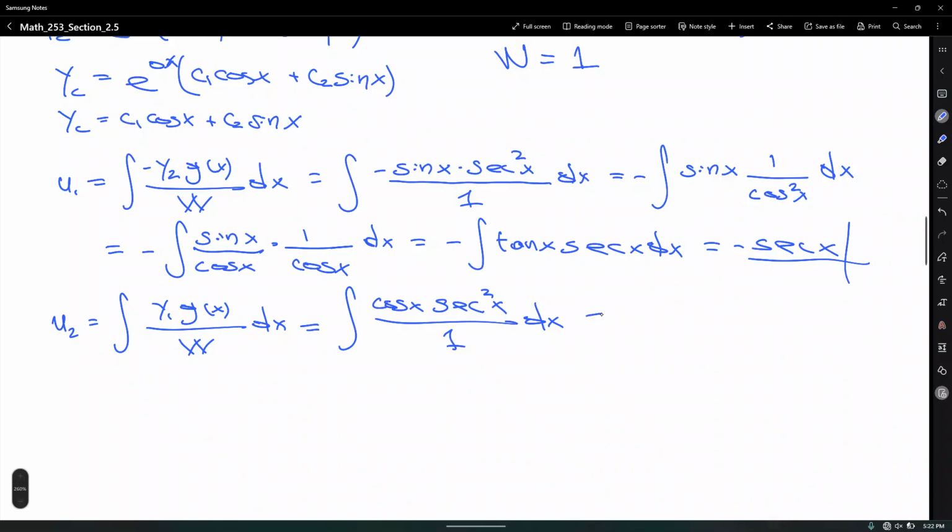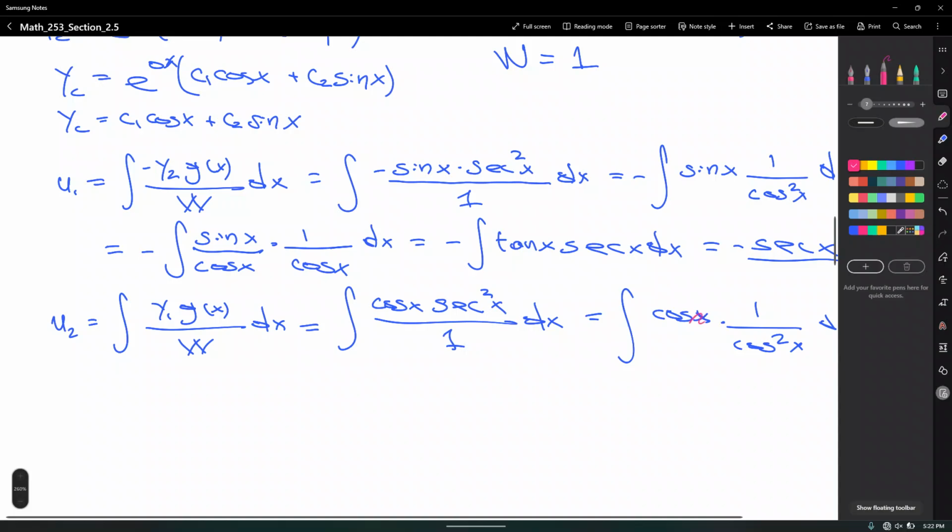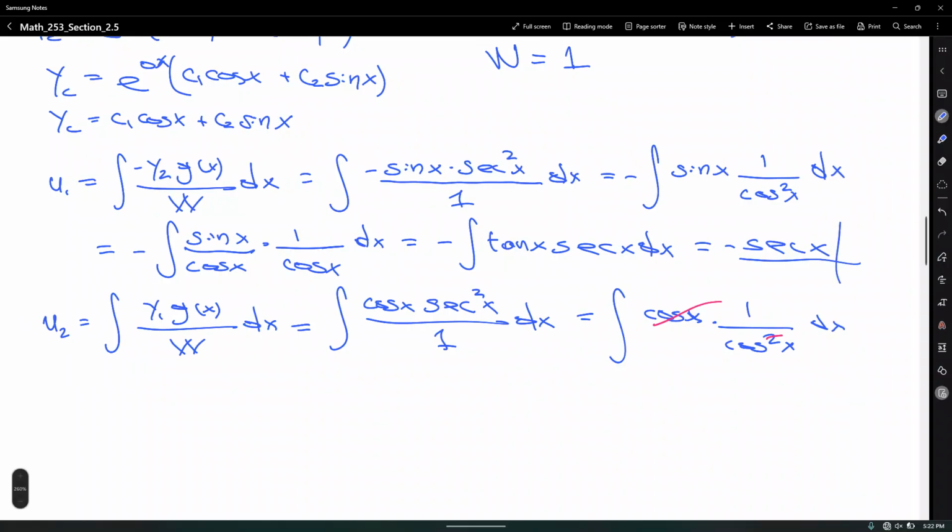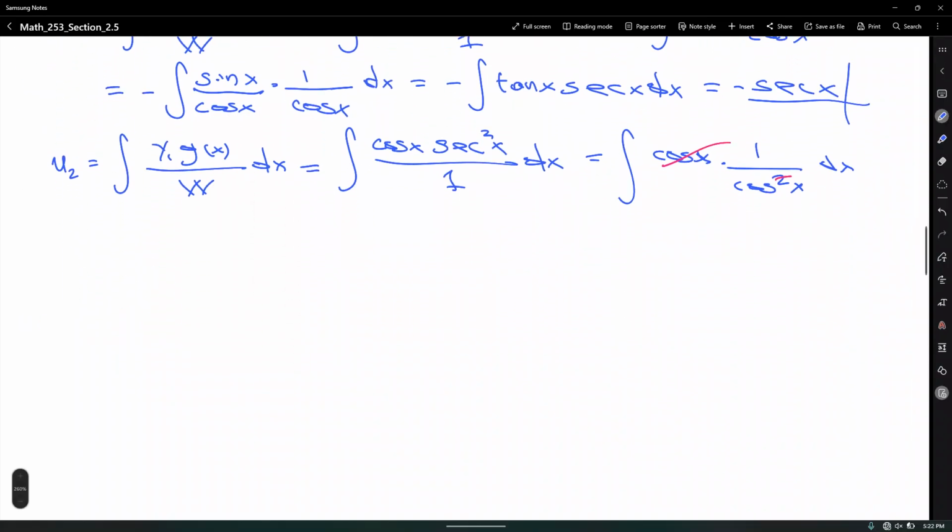First of all, that's cosine x times 1 over cosine squared dx, canceling one power of cosine in the denominator with cosine in the numerator. So u2 equals the integral of dx over cosine.